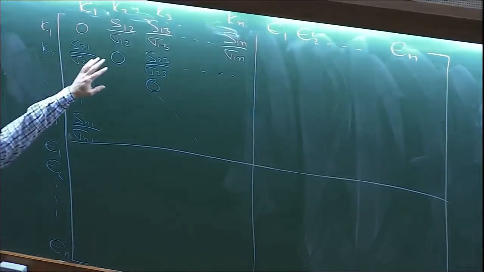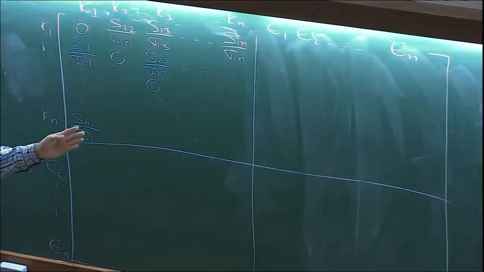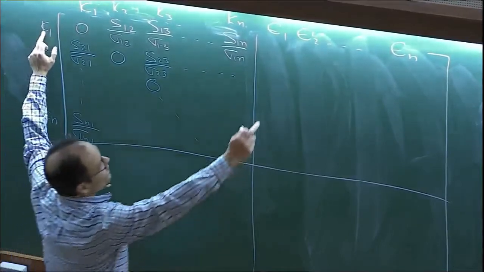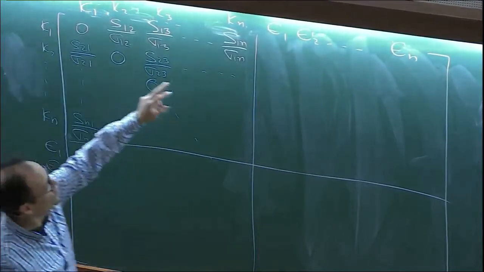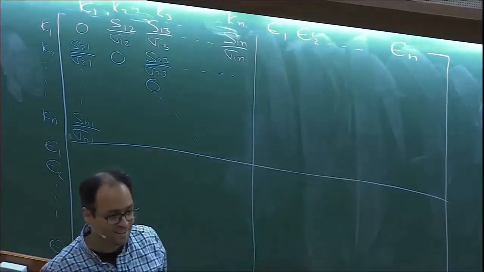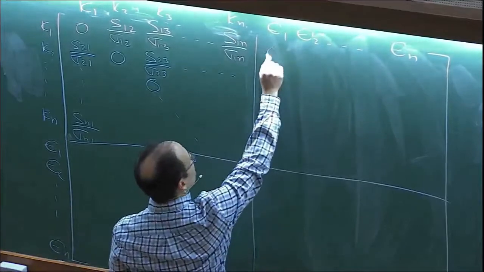Now, if we did this for the momentum vectors, maybe we should do the same thing for the other ones, okay? So what entry should we put here? What would be your natural choice? Well, you see, k1 dot epsilon 1 is 0. So the natural choice will be 0.